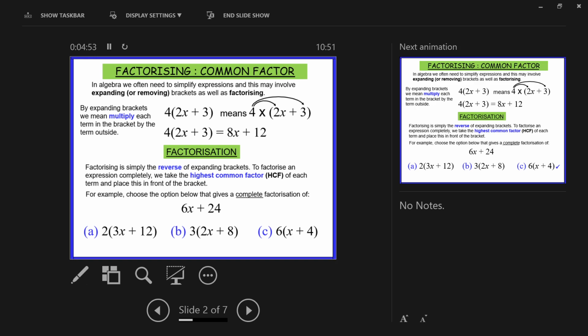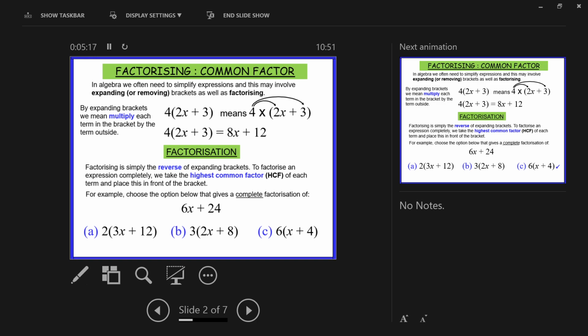So I say divide by 3, divide by 3. 3 goes in twice, 3 goes in once. So 2x. Then plus, 3 goes in once, 3 goes in 8 times. There's my 8. So can you see this is also an answer?